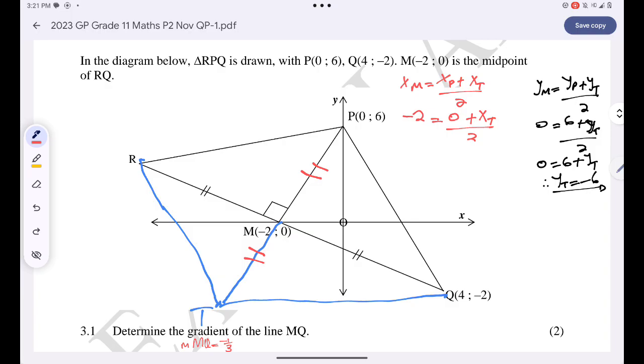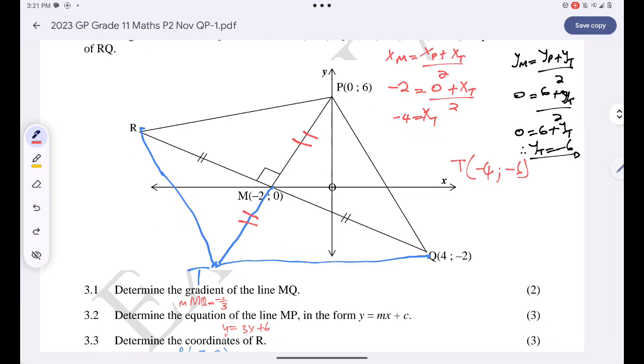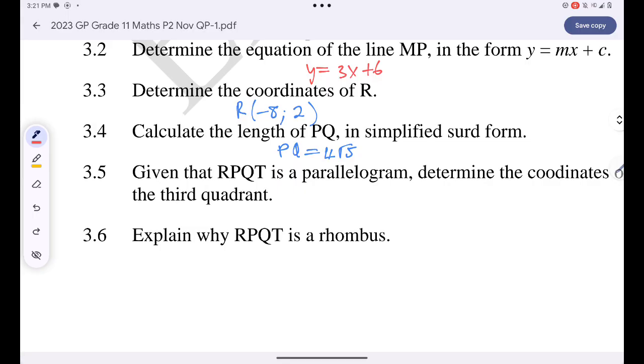Just multiply both sides by 2, and I'll simply have negative 4 is equal to the x value at T. So T has the coordinates of negative 4 and negative 6.